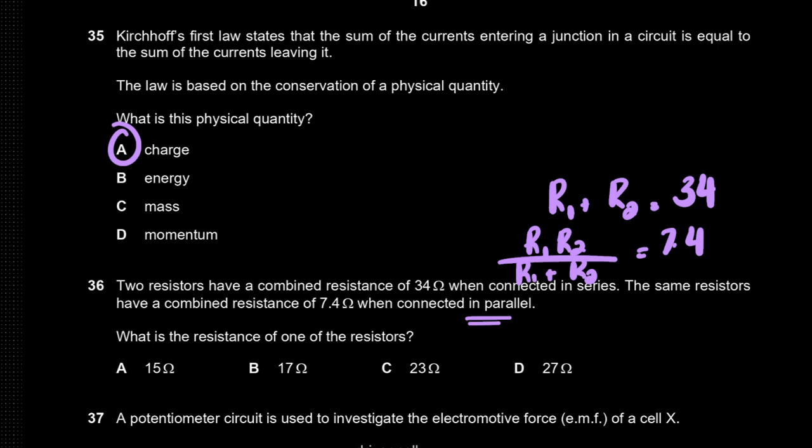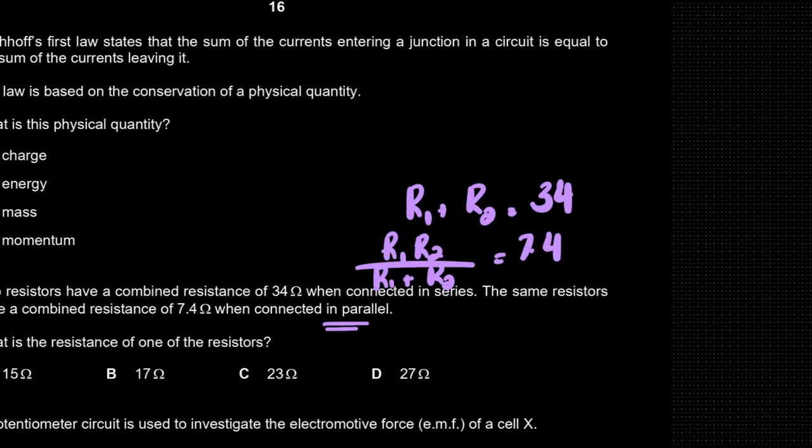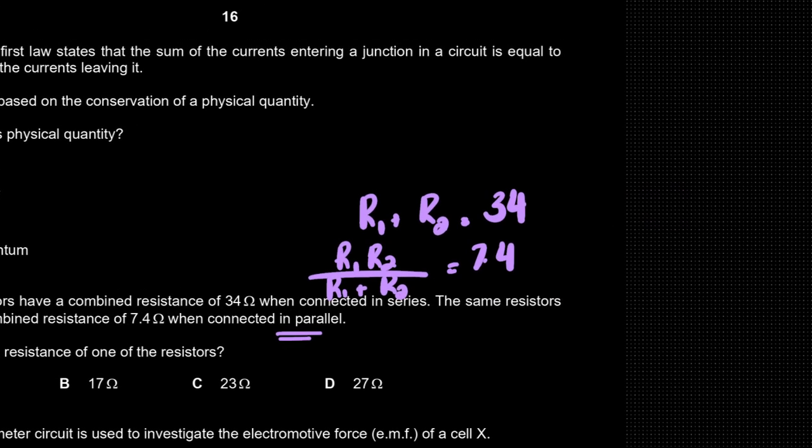These are just two simultaneous equations, so I should make any one of these the subject. But there is still a simpler way to do this if you identify that R1 plus R2 is just 34 here. So I can say R1 R2 over 34 equals 7.4.